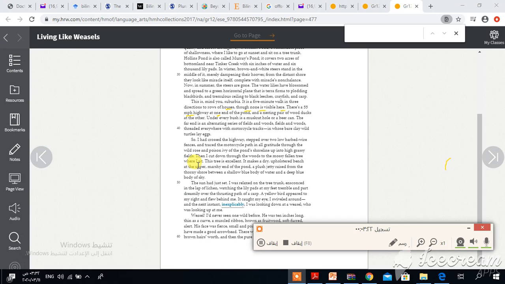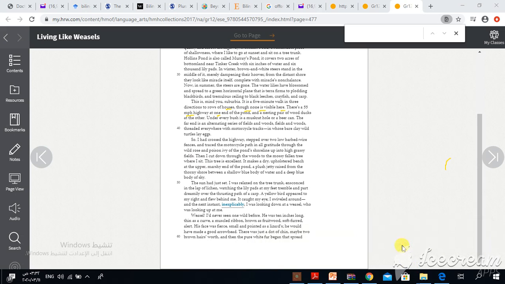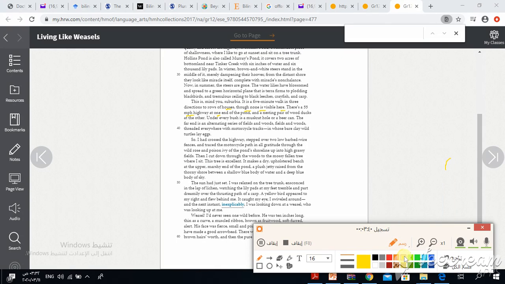So right now, if you read from line 32 to 35, we can see the water lilies as both floor and ceiling. Yes, guys, so this is the word ceiling.